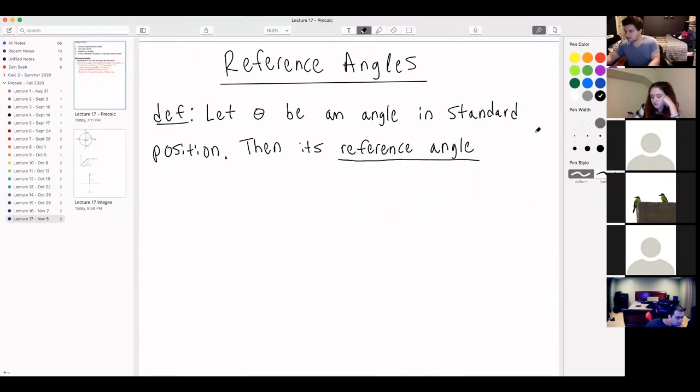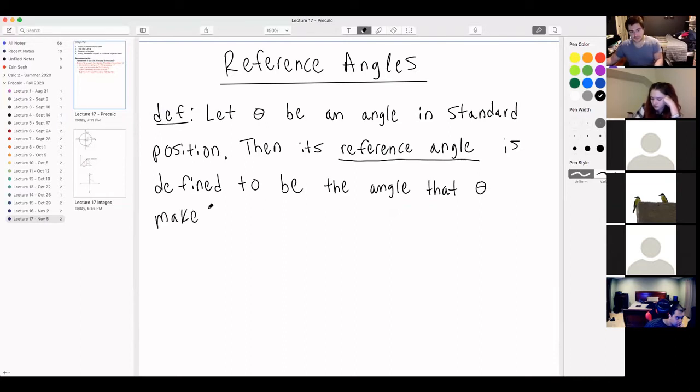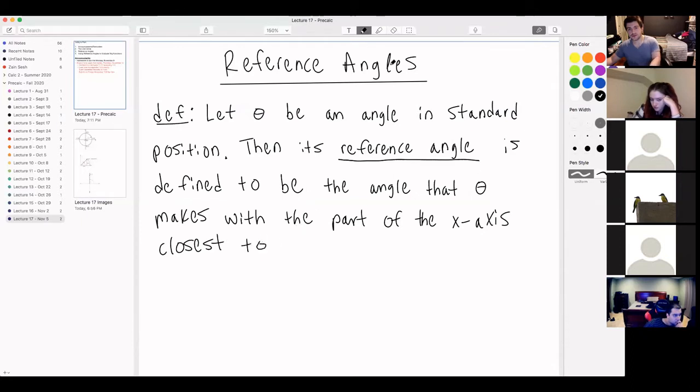Then its reference angle is defined to be the angle that theta makes with the part of the x-axis closest to it.